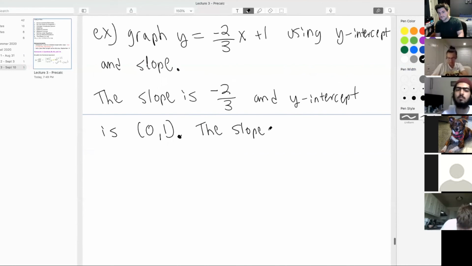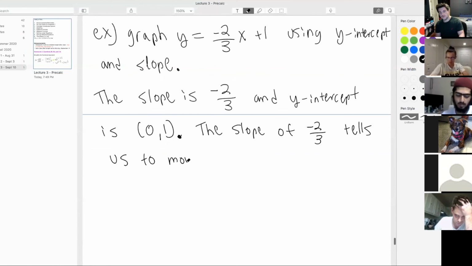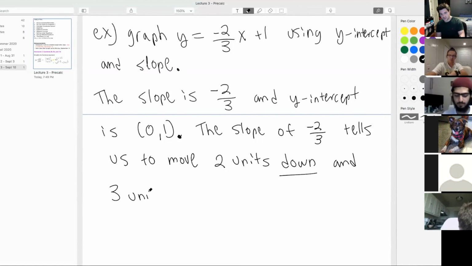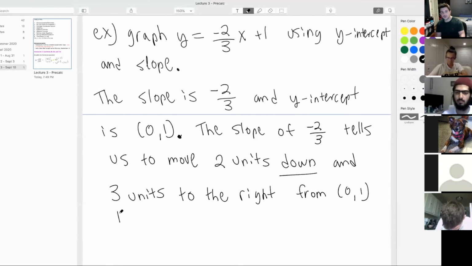The slope of -2/3 tells us to move 2 units down, because there's a negative, it's -2, and 3 units to the right from the y-intercept to obtain another point on the line.